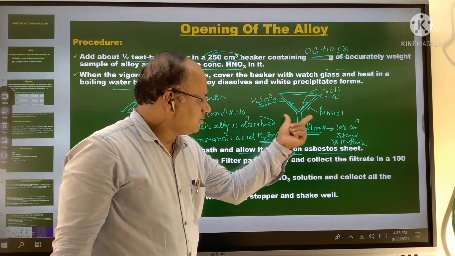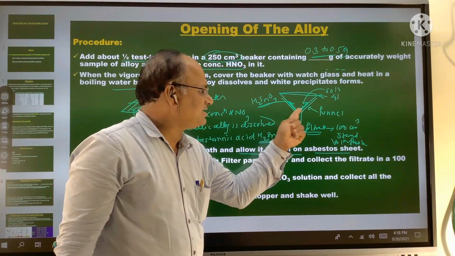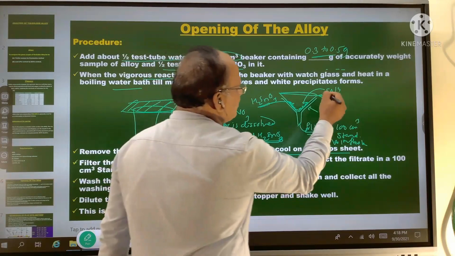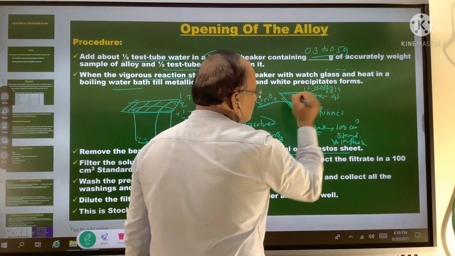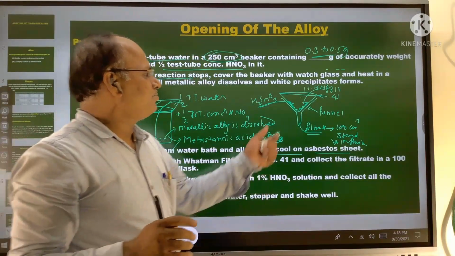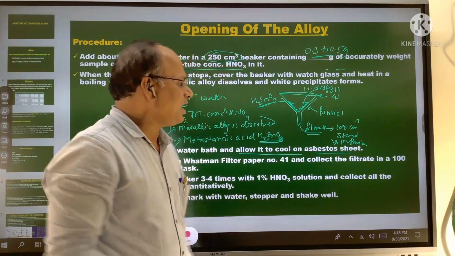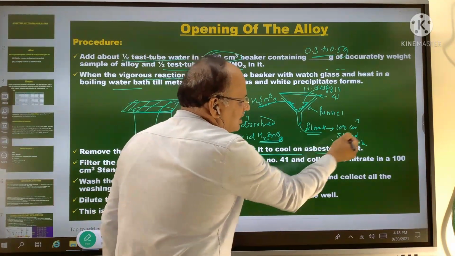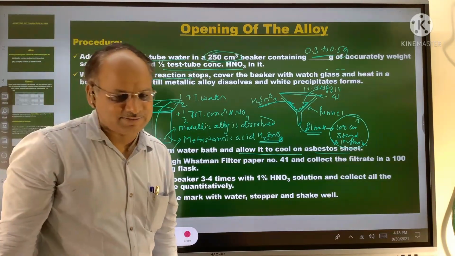Then wash that precipitate of the metastannic acid with 1% HNO3. Wash that precipitate 2 to 3 times by using the minimum amount of 1% HNO3, and then also the washings are collected in a 100 ml standard volumetric flask.